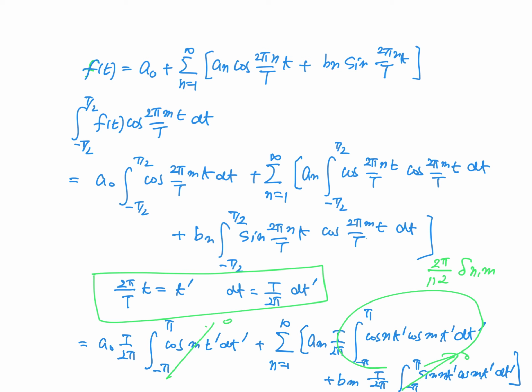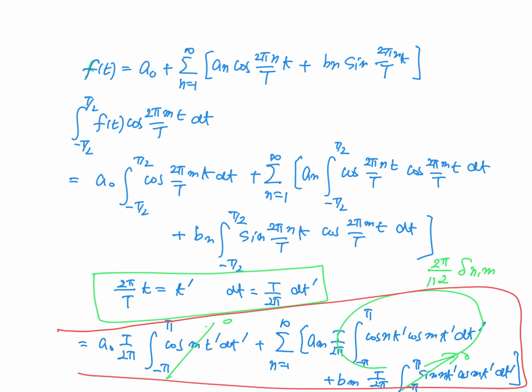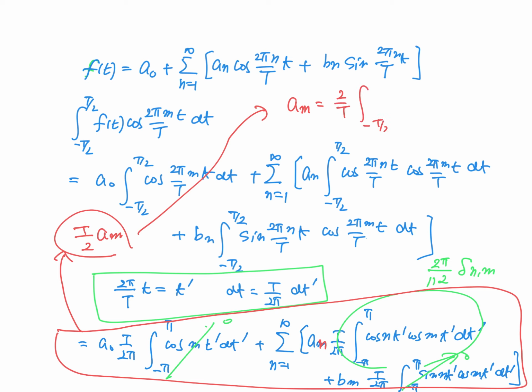So this whole thing, maybe I should write in red, becomes T over 2 am. This is an. So am is 2 over T, the integral of f(t) cosine 2 pi m t over T dt.